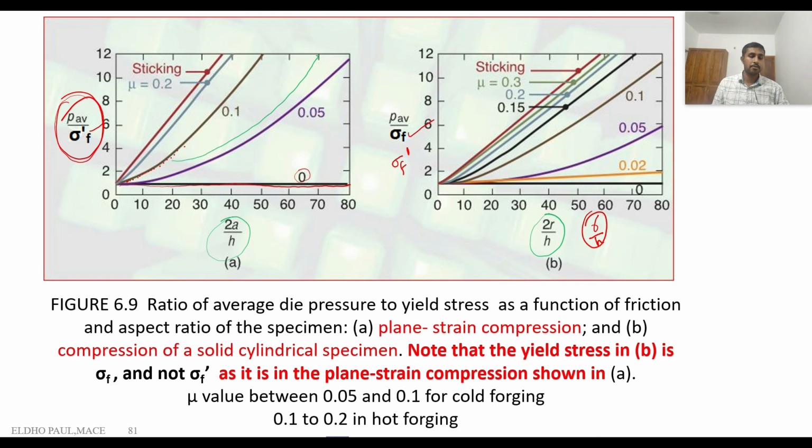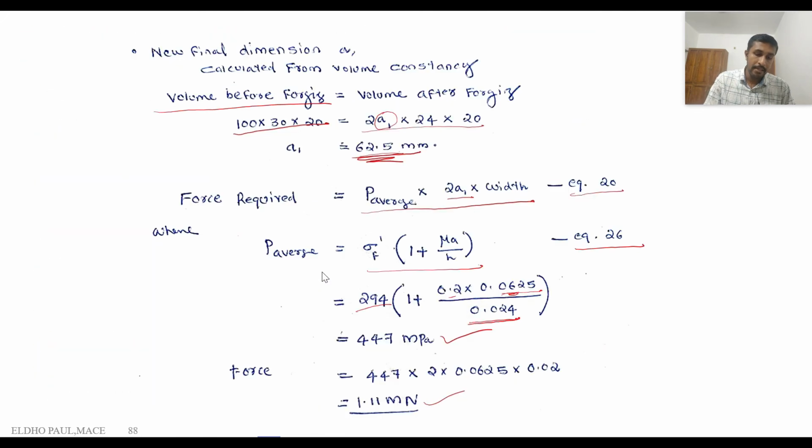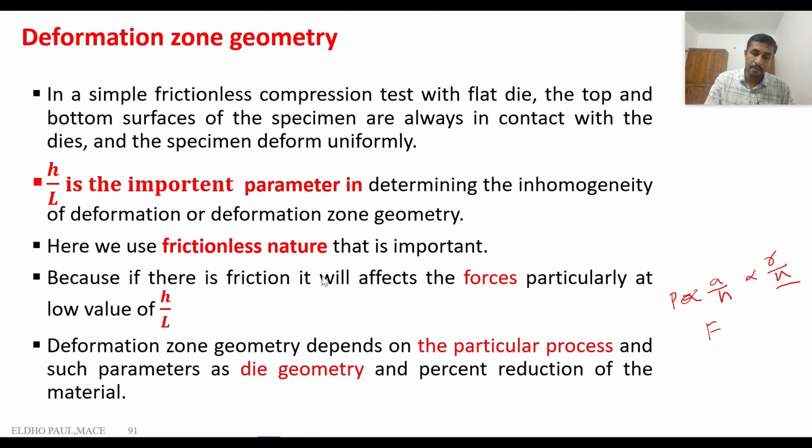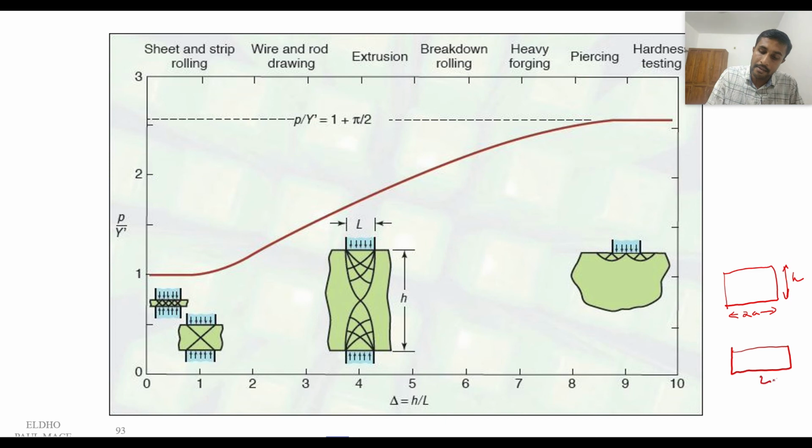So there is no influence of A by S ratio under 0 friction. But even when the friction is equal to 0, we can see from this diagram, actually for the forging operation, this is 2A and this is H. But in this diagram, instead of 2A, we take L. This is L. And this is H.